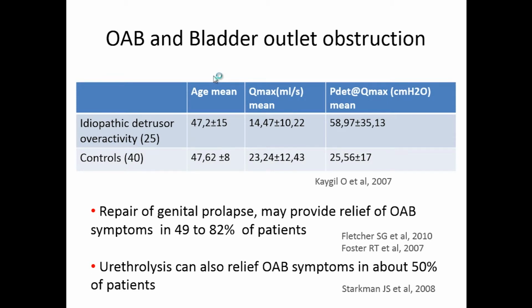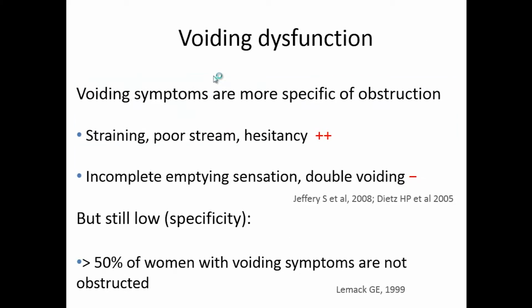And we also have evidence from the surgical outcomes of patients who were operated on for prolapse and urethrolysis for previous incontinence surgeries, that their storage symptoms became better with these surgeries. So there is clearly a link between obstruction and detrusor overactivity that may explain some of these facts.